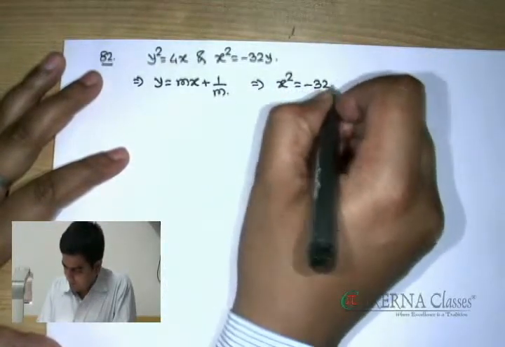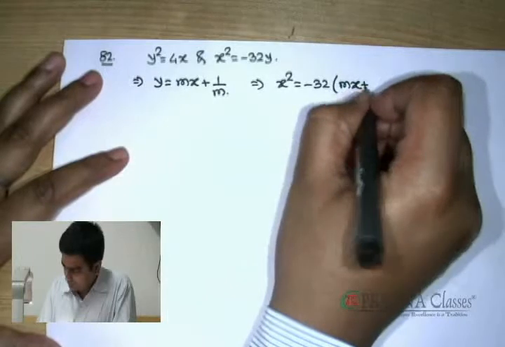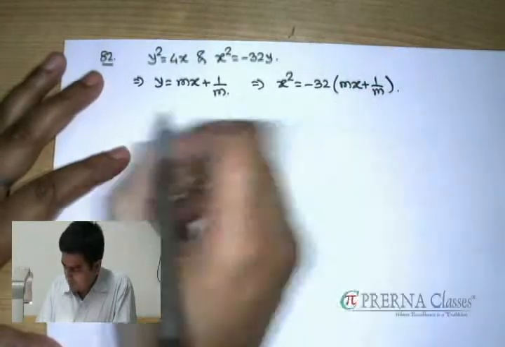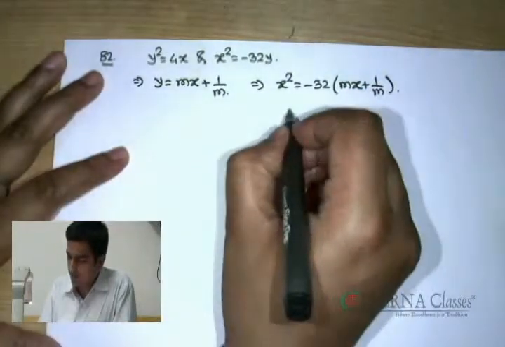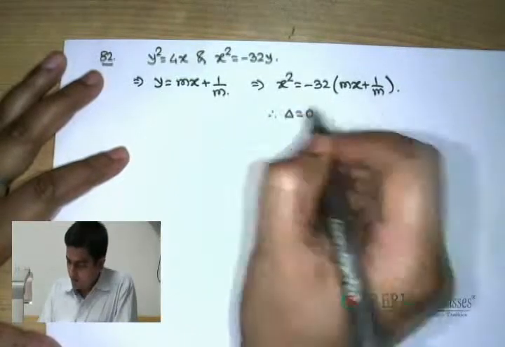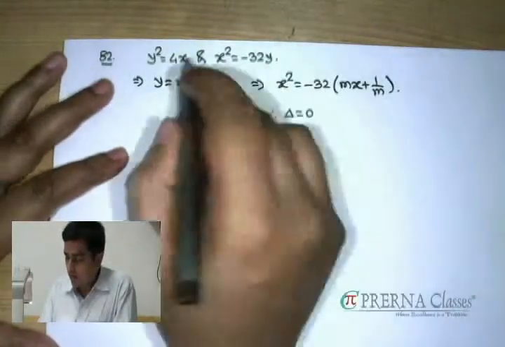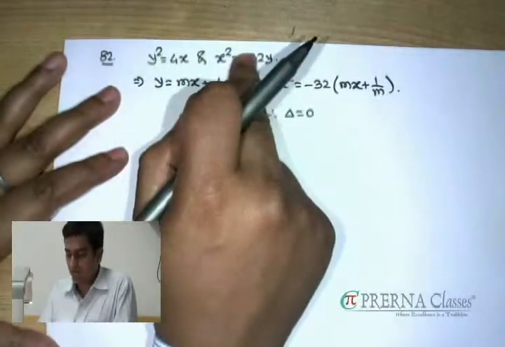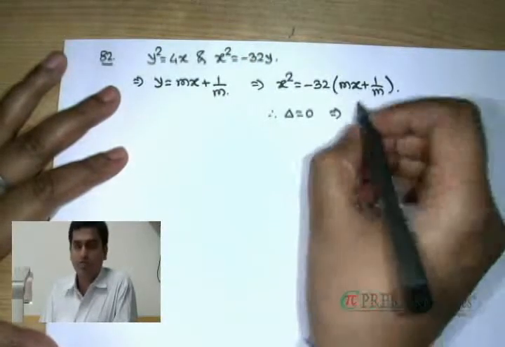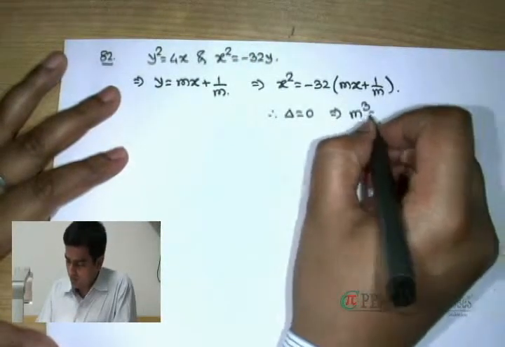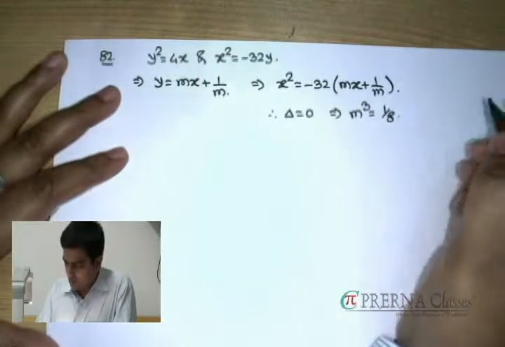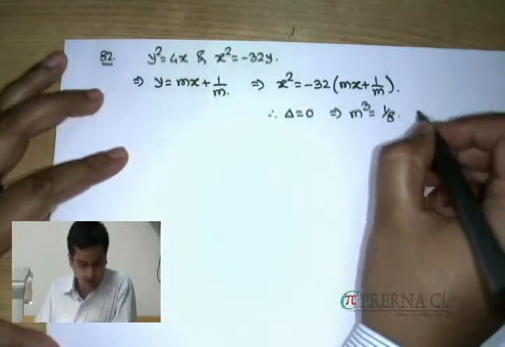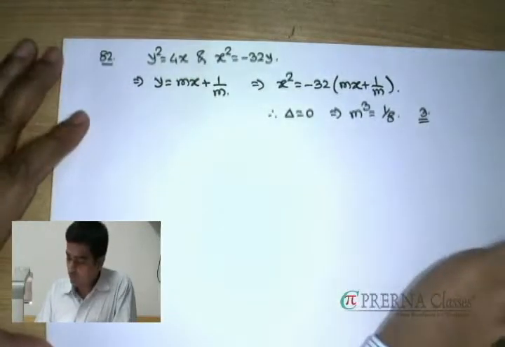For that case, substituting the value of y from this line in that parabola, we end up getting a quadratic. Making its discriminant equal to 0 is good enough to ensure that this line also touches this parabola, which is going to give you m cube as 1 by 8. Clearly then m is half, which is matching with option 3 of that one.